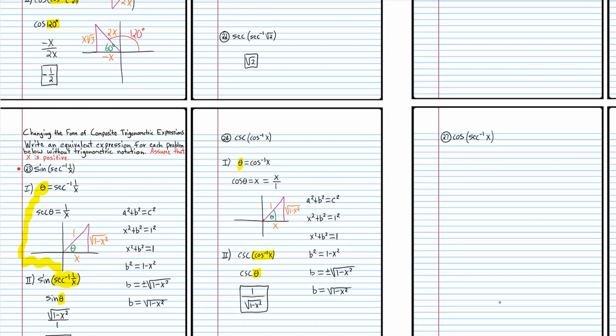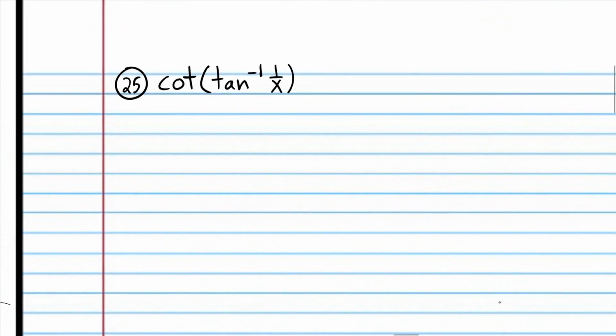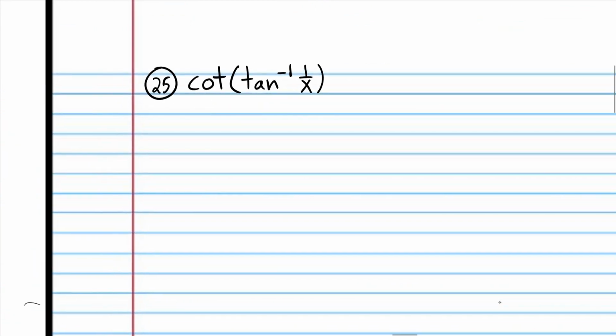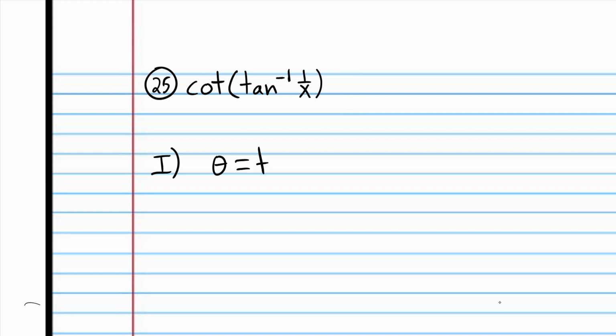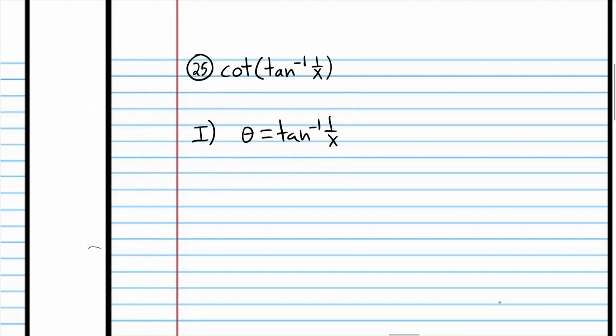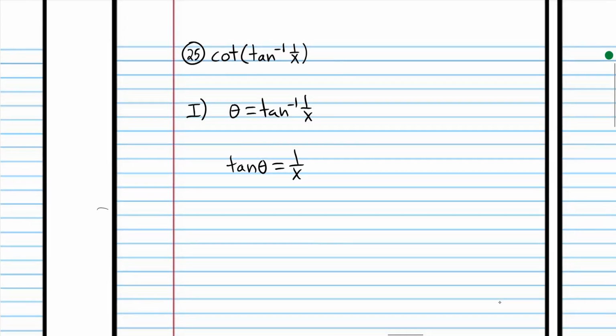Okay, let's try one more of these before you try one on your own. So again, we're going to start by analyzing the inside part of the expression. We'll let theta be equal to tangent inverse of 1 over x. And if that's true, then by definition tangent theta is going to be equal to 1 over x. And now we can draw a triangle.